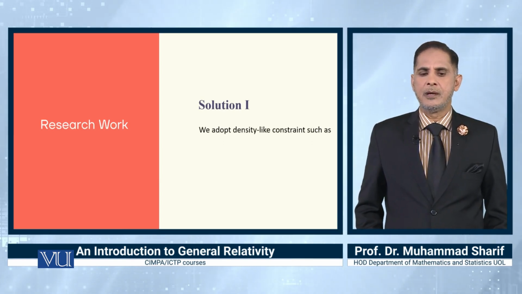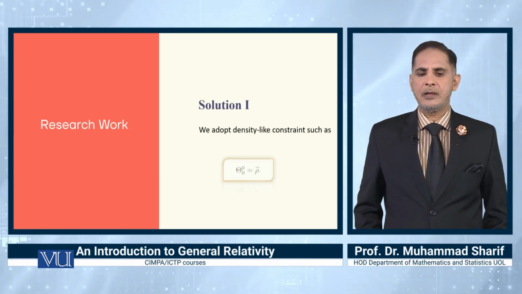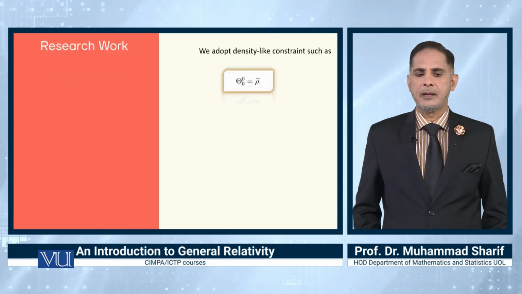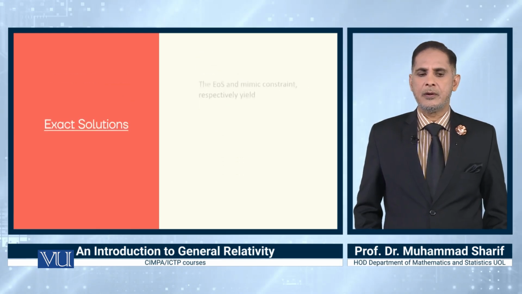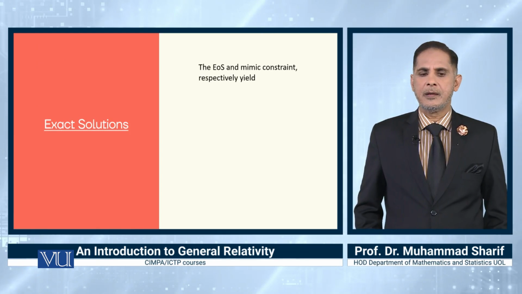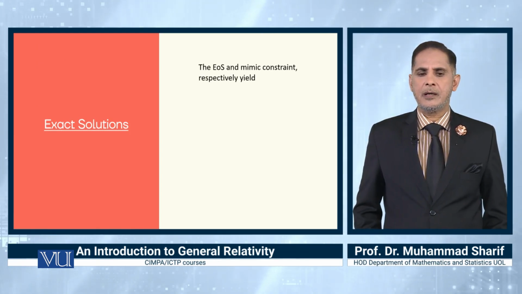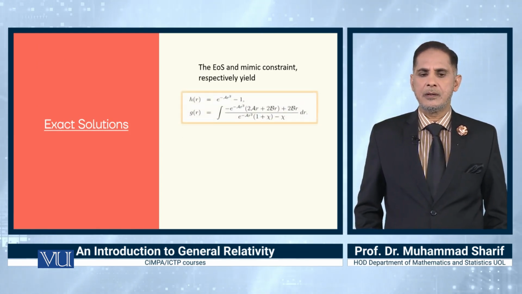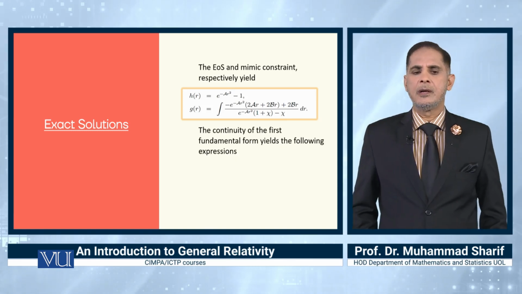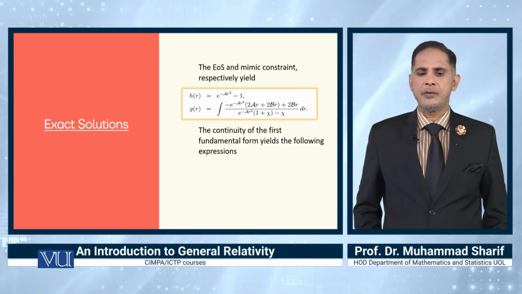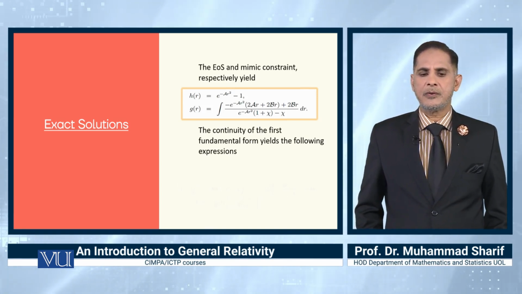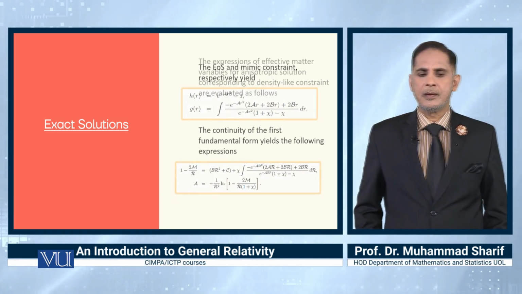For solution 1, we adopt the density-like constraint as follows. The corresponding equation of state and mimic constraint yield the following decoupling functions. The continuity of the first fundamental form yields the following expressions.